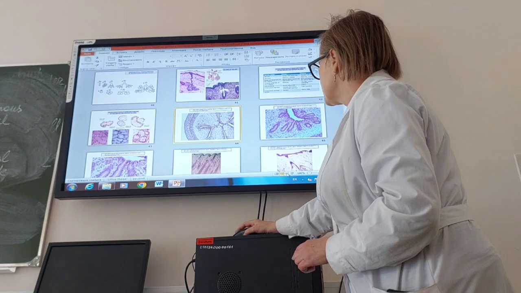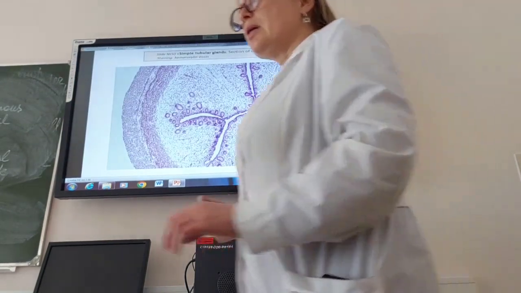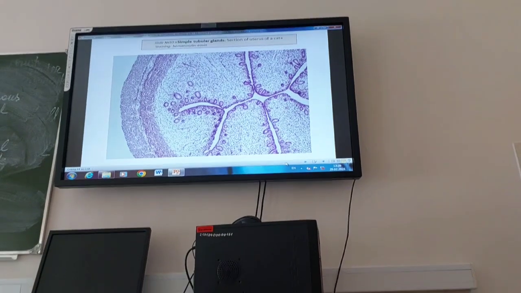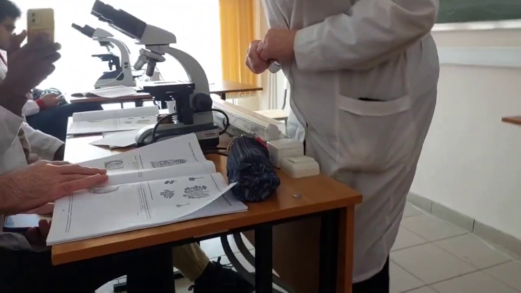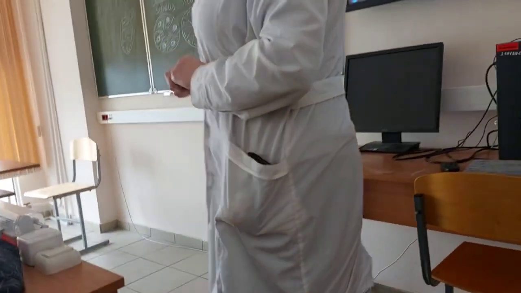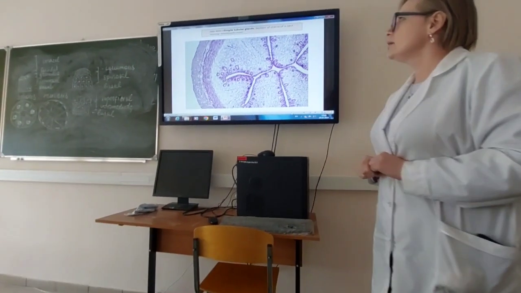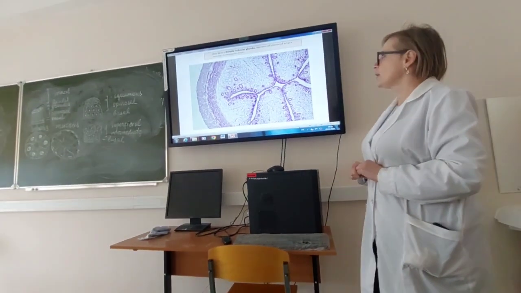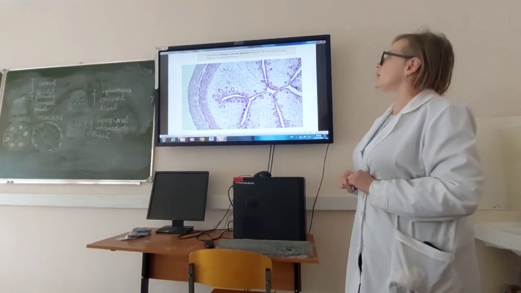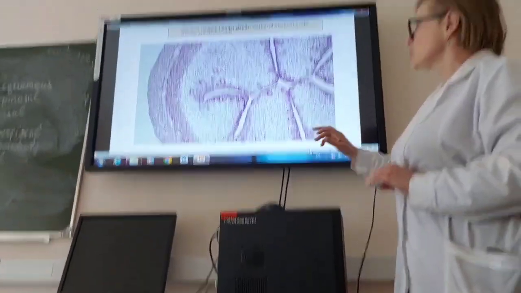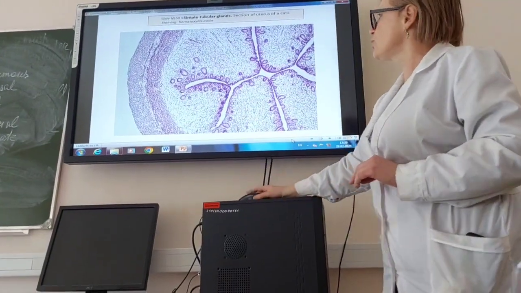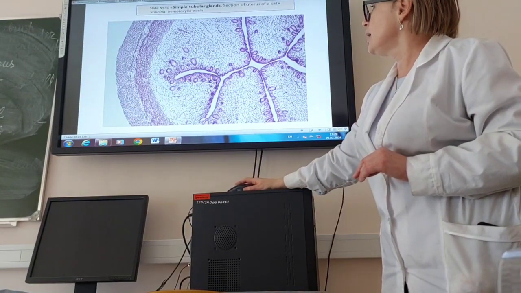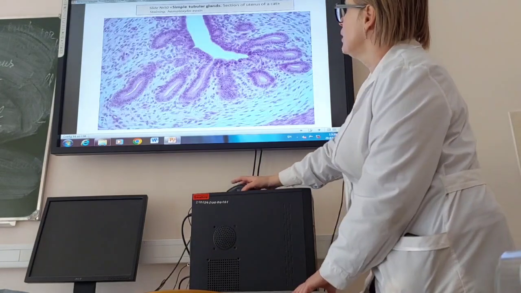And also we examine for task 34 a simple unbranched tubular gland. Such a gland we can find in the wall of the uterus. This is the lumen of the uterus, and we can see a lot of glands that open here.